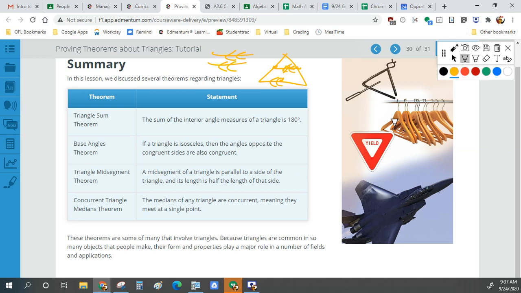So these two are parallel. That's what this one says. And the last one says that the medians, the vertex to the midpoint, the vertex to the midpoint, and the vertex to the midpoint. Let's see how good I did this triangle. It was a little off, but they should meet at the same center.